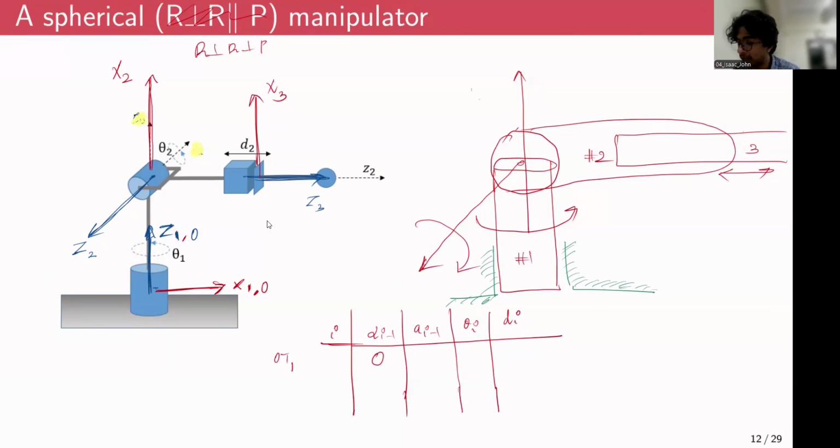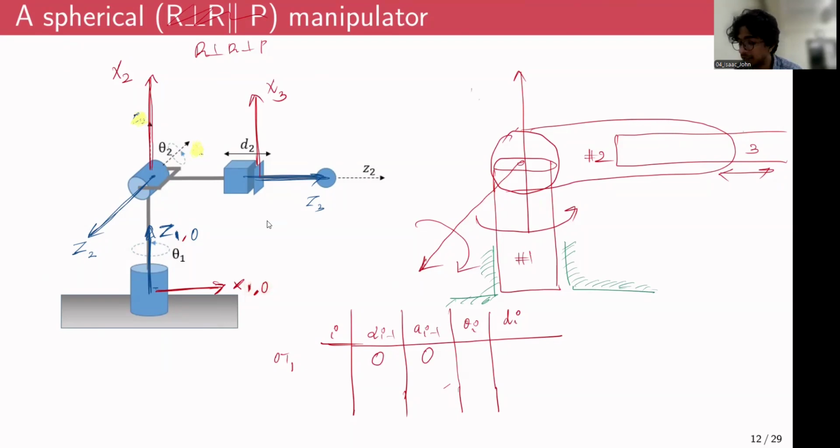But since they are already coincident, there is no link length parameter, that is also 0. But then what about theta i? Theta i is basically the rotation, the orientation between x1 and x0 measured along z1. But at this configuration, they look to be coincident, right? At this configuration, x1 and x0 seem to be coincident.